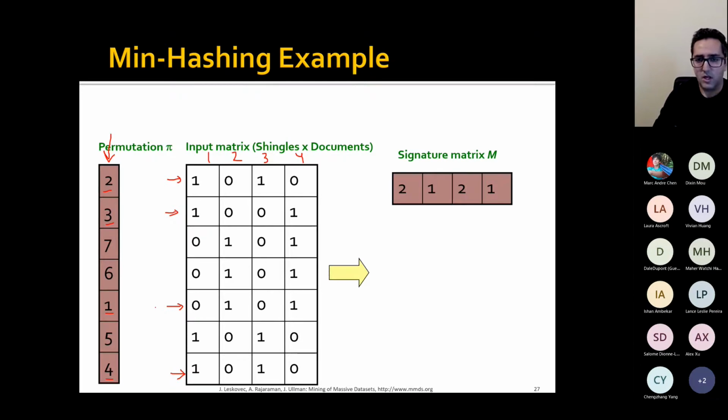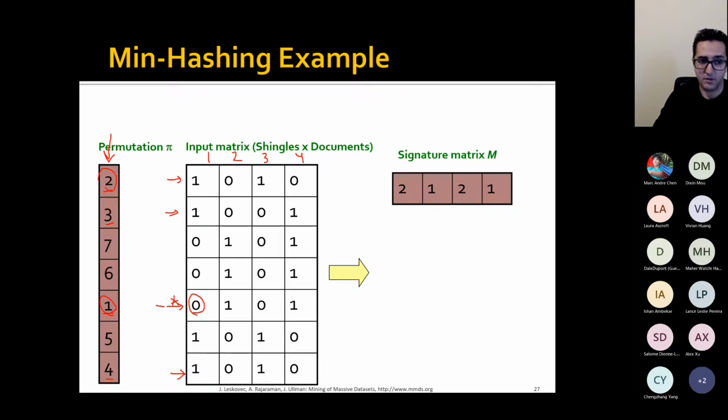In order to find the signature of each column for this given permutation, you should do this. You go to the first row, after permutation. For now, I'm calculating it for the first column, document 1. Do you see a 1? No. Continue.